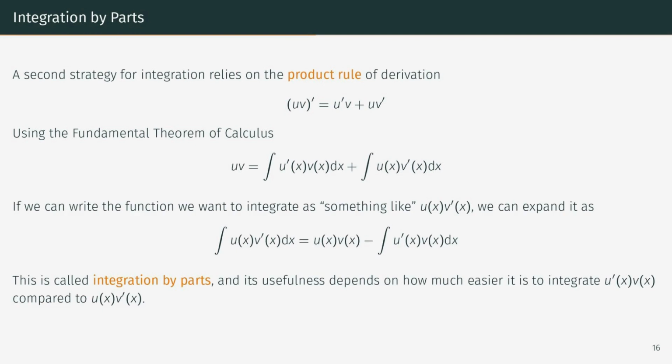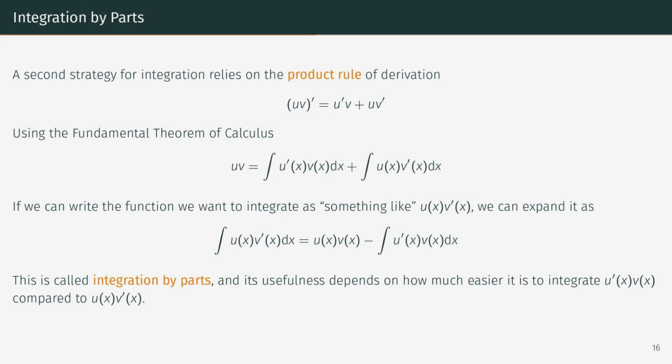If we can write the function we want to integrate in the form u(x) times v'(x), we can expand it as the integral of u(x) times v'(x) dx equals u(x) times v(x) minus the integral of u'(x) times v(x) dx.